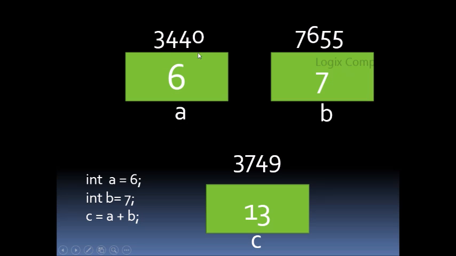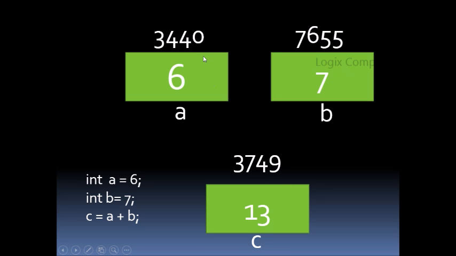So any address is taken which is empty and called as a. Another address is also taken and called as b. So we have declared that we want 3 addresses to be taken.